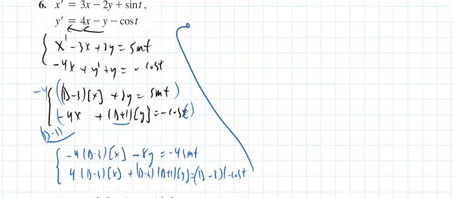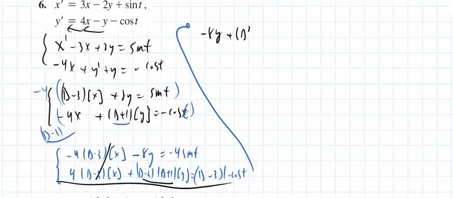Now, if I add, those cancel out, I'll get negative 8y. This right here will be the second derivative minus 2D minus 3 operating on y equals negative 4 sine of t.